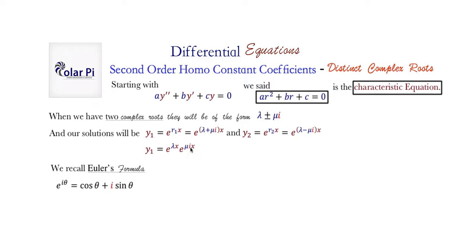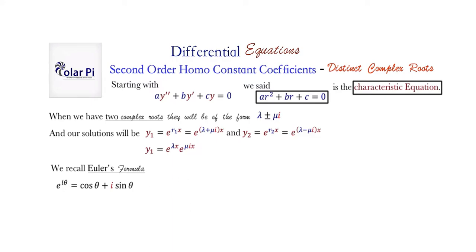Notice that e to the power mu i x is in the form e to the i theta. If we lead with the i, the argument theta is just mu x. Put the i in front, and you can see that this is in this form where theta is mu x.